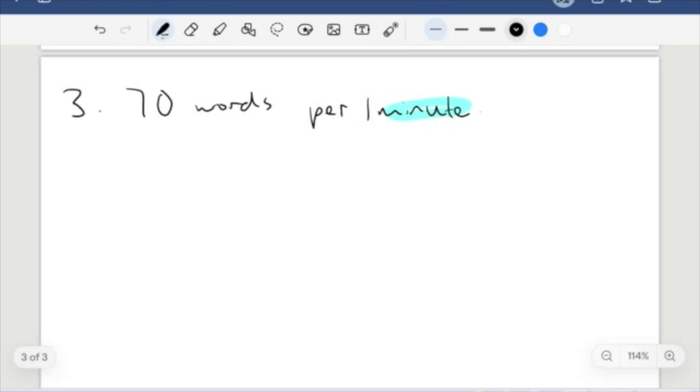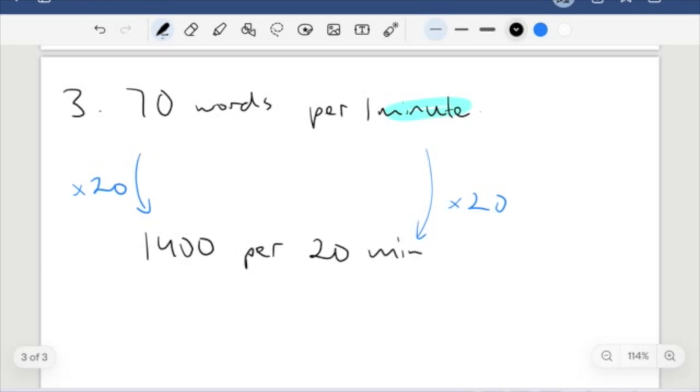So since we're already at 1, we can just multiply by 20 to get to our equivalent rate for 20 minutes. So all we have to really do is multiply 70 by 20. That gives me 1,400 per 20 minutes. So it is very similar to the previous question.